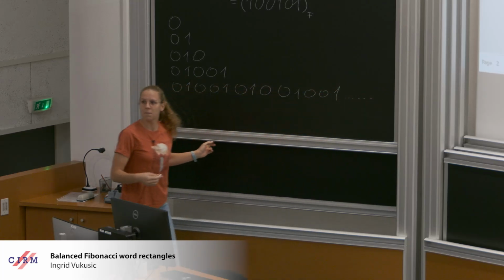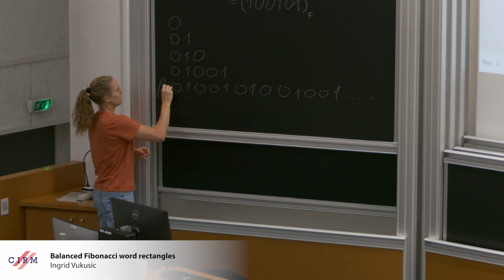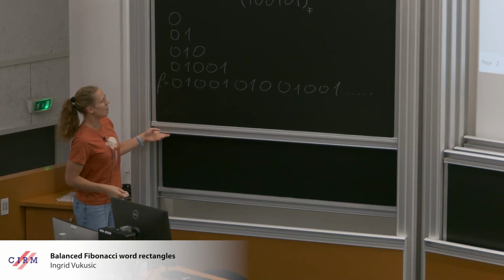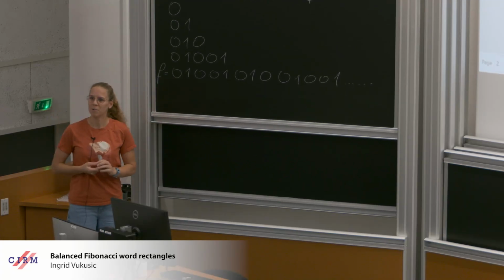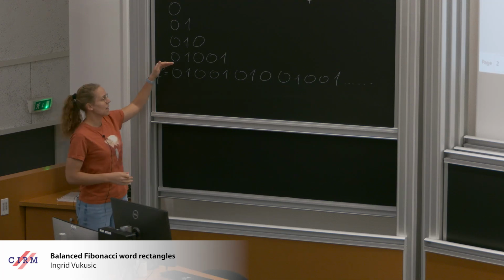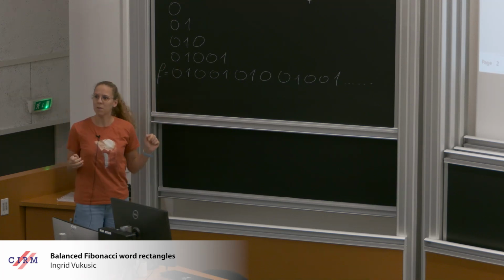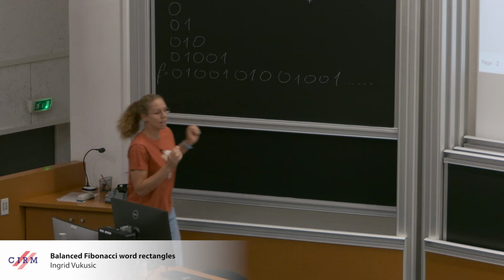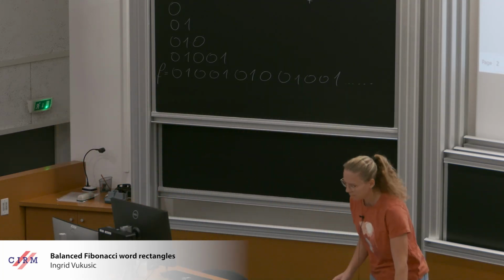And of course, this defines a sequence which is called the infinite Fibonacci word for obvious reasons. Yeah, that's what I'll be talking about. However, this is not the definition that we'll be using, because there are many different definitions. And in fact, this word is also a Sturmian word.